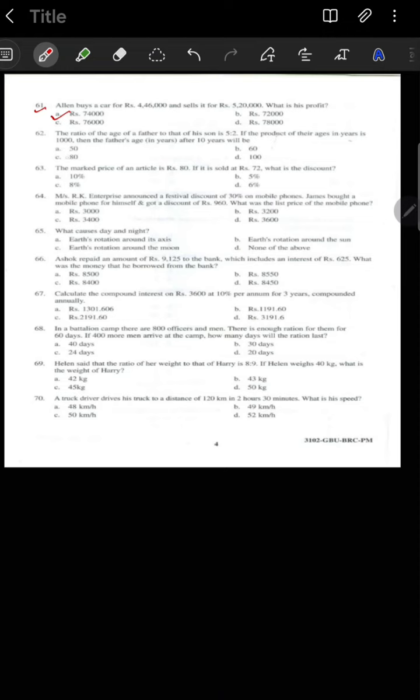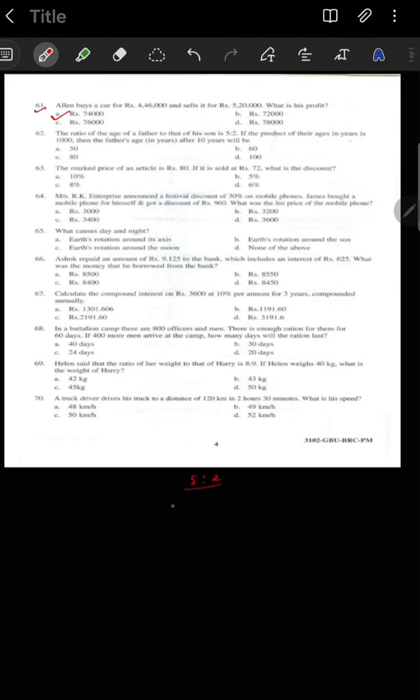Next question number 62: the ratio of the age of a father to that of his son is 5:2. If the product of the ages in years is 1000, then the further ages after 10 years will be how much? You have to find it. So their age ratio is given as 5:2.